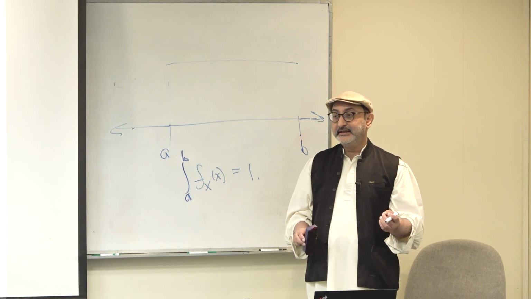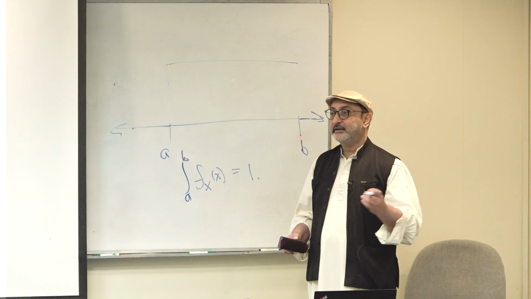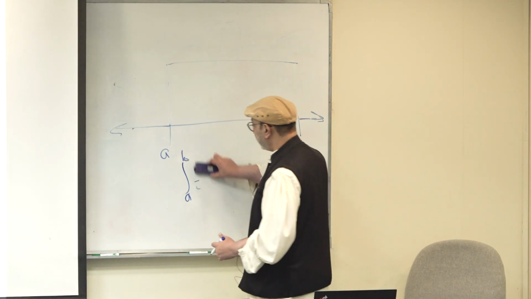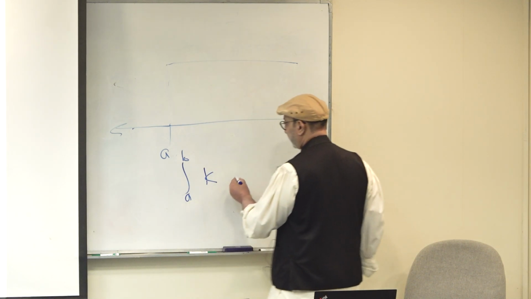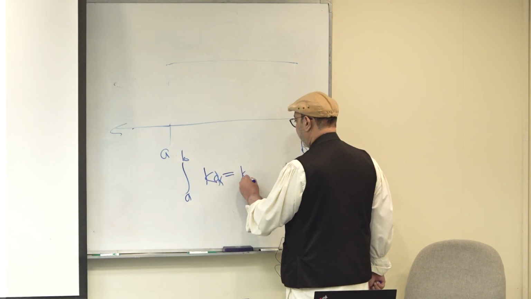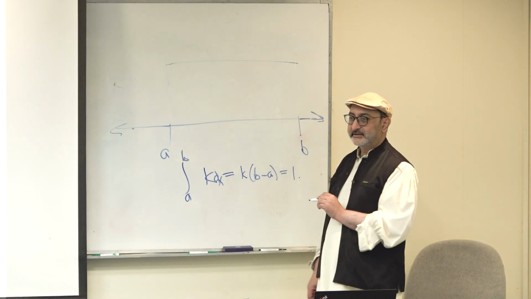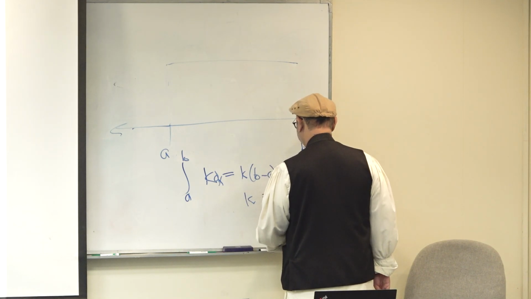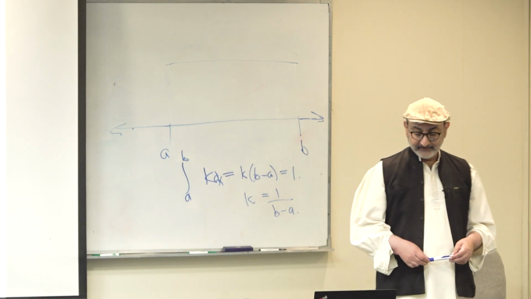And we're saying it's uniform, which means that the probability densities at the allowed values are the same. So this has to be a constant. Well, what's this? If I integrate over x, this is k times b minus a, and that's supposed to integrate to 1. So that constant must be equal to 1 over b minus a. Is that okay? All right.